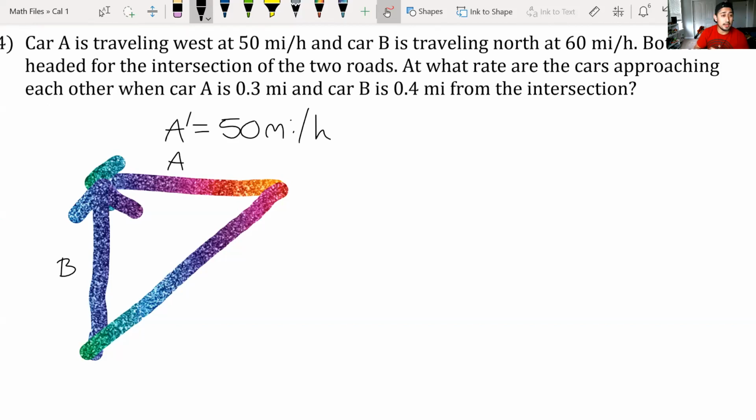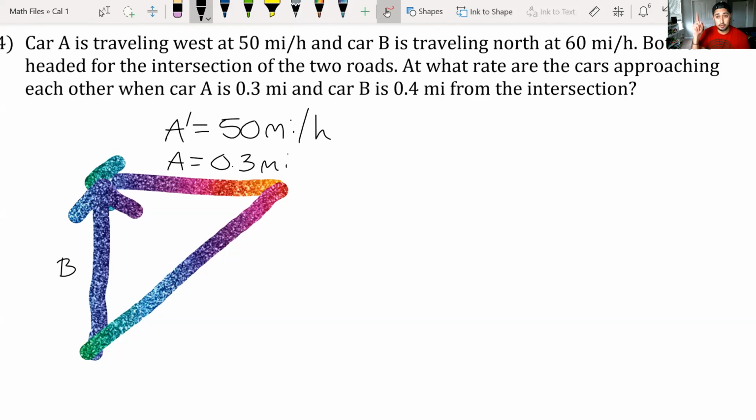But at the very bottom of our problem, it says car A is 0.3 miles from the intersection. So that gives us a value here: 0.3 miles.